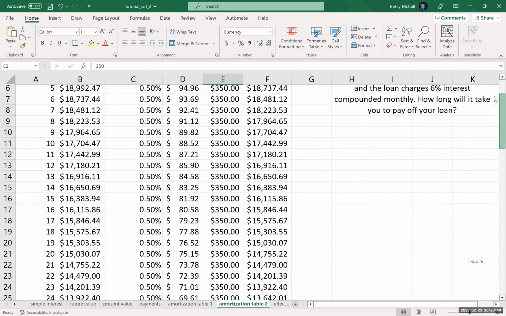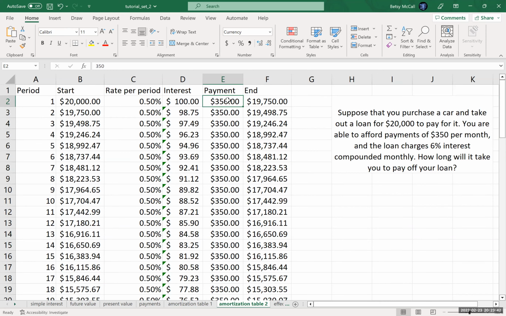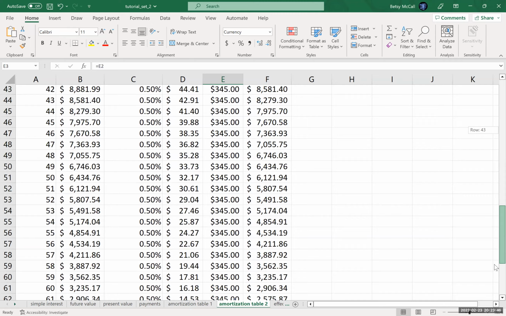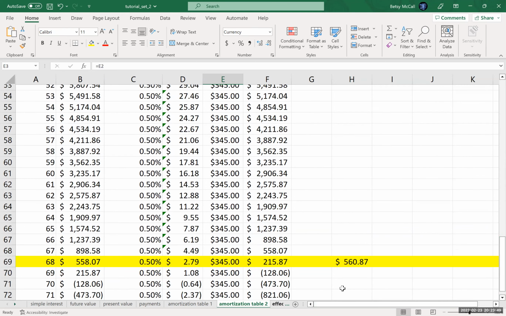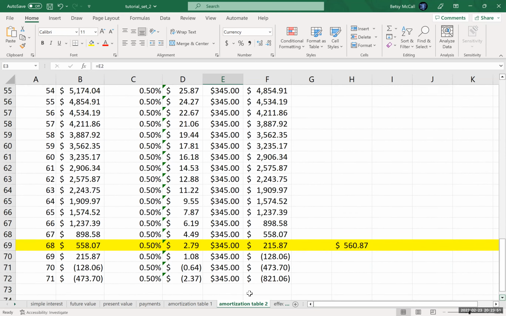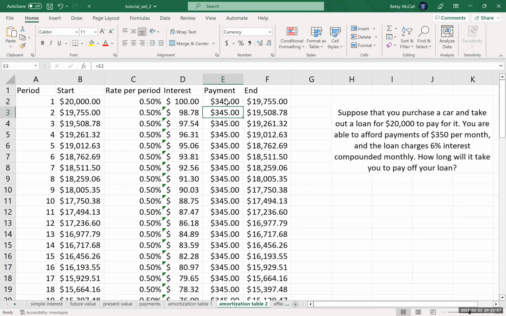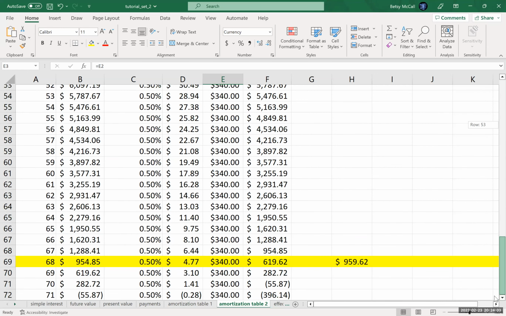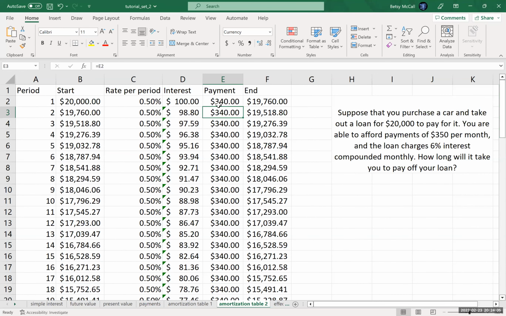So maybe I could decrease my payments slightly. And that will take a little bit longer. But I'm still hitting negative values before I get to the end. So maybe 340. $335 maybe.